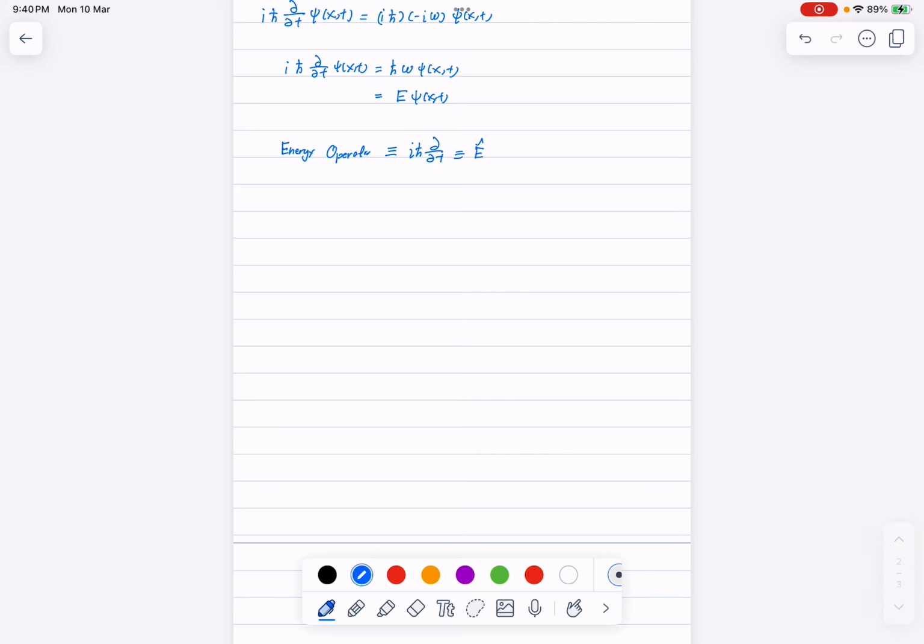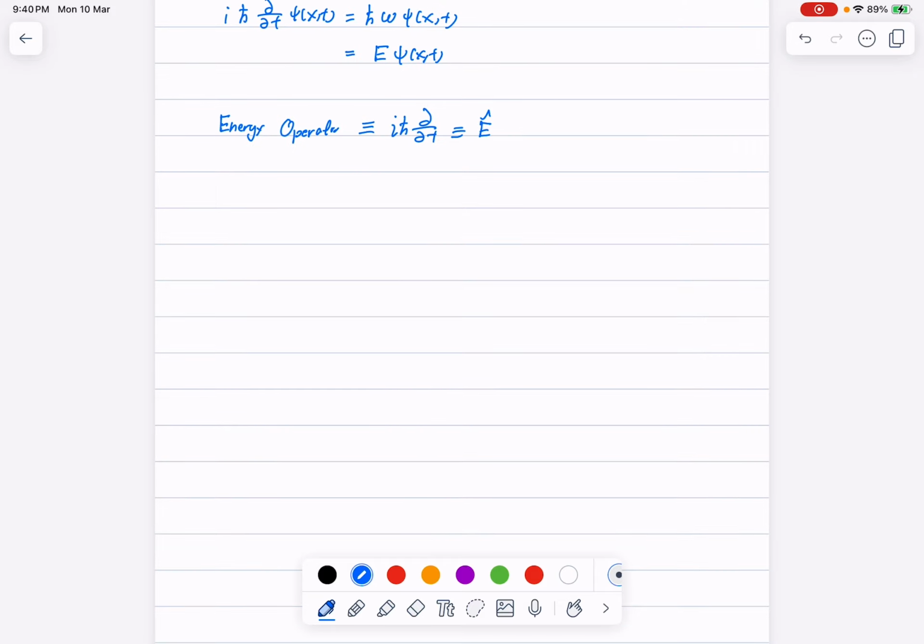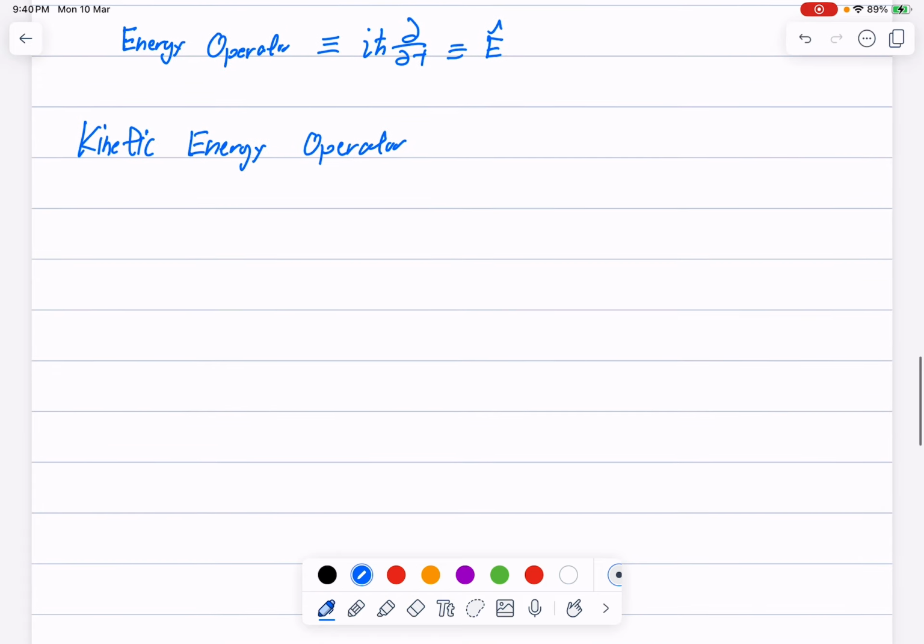Moving on, the kinetic energy operator. So from E equals 1/2 m v squared, we can rewrite this as p squared over 2m.